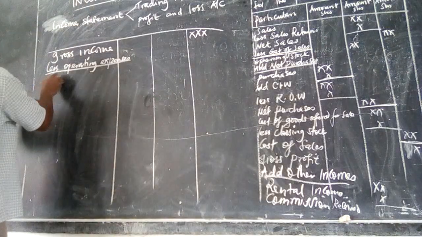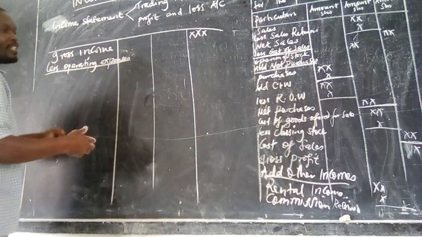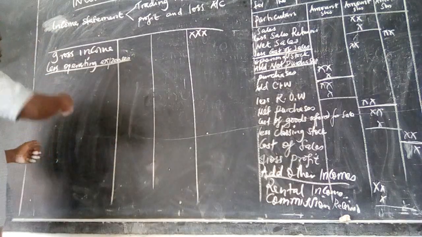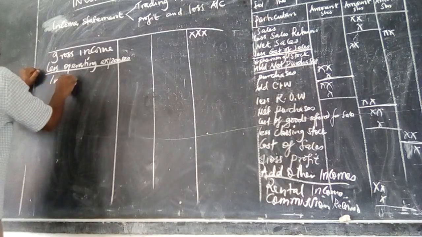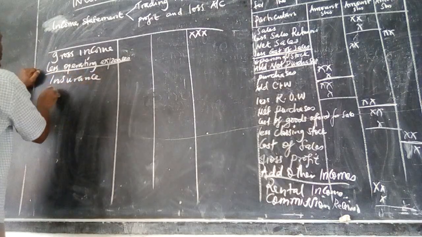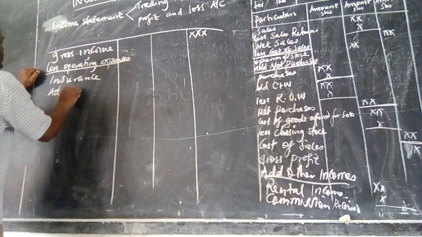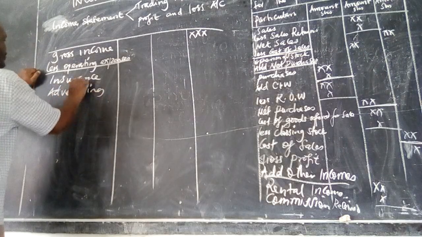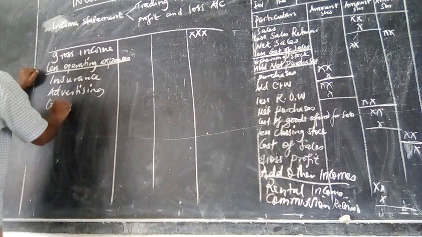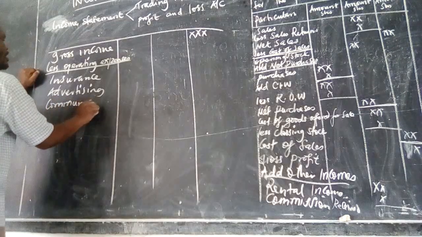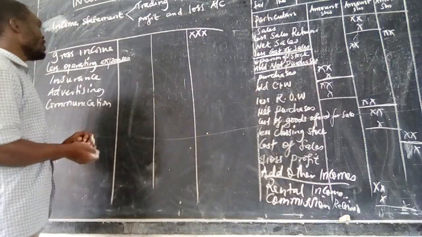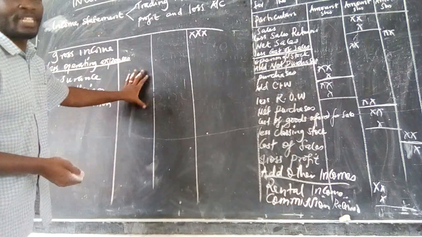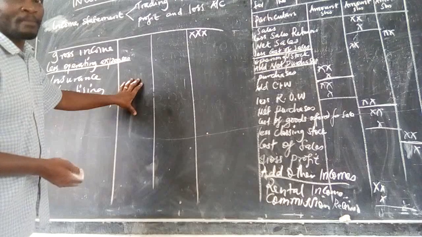So we could cite examples of some of the costs incurred. Could be insurance, advertising, and communication. We're going to use the second column. The first column will be used for catering for adjustments.